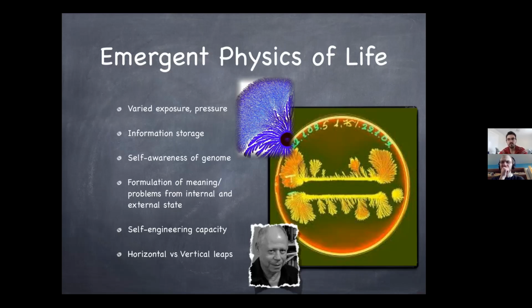So it really has to have a degree of awareness of itself and the environment. And finally, it has to have what he called cybernetic capacity: the capacity to actually change itself based on these solutions, including gene modification.